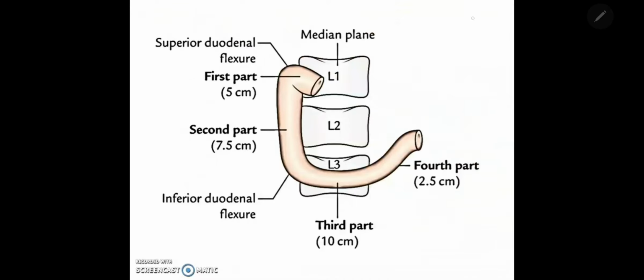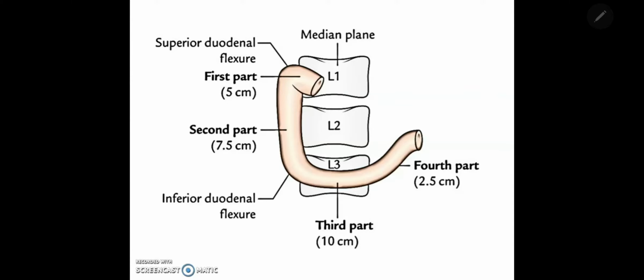The first part is horizontal till the superior duodenal flexure. The second part is vertical, extending from the superior duodenal flexure to the inferior duodenal flexure. The third part is horizontal, 10 centimeters in length, and the fourth part is oblique.